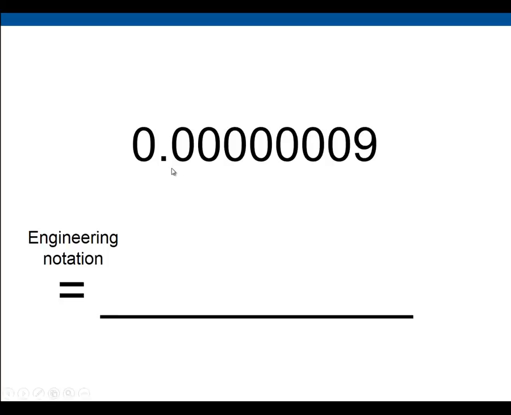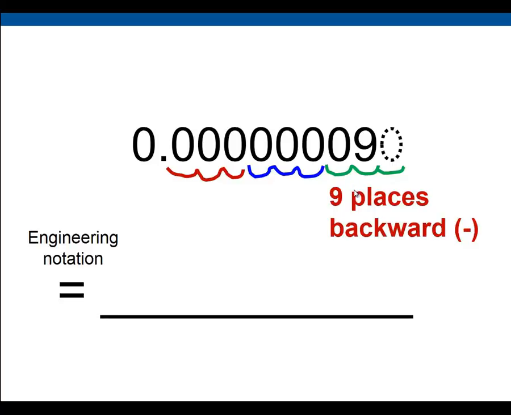In order to express this number in engineering notation, we need to move the decimal point to the right, as we did in scientific notation. 1, 2, 3, 4, 5, 6, 7, and 8. Can we stop here? No, because 8 is not a multiple of 3, so we have to move one more, 9. So we moved the decimal place 9 places backward. So the answer is 90 times 10 to the negative 9th power.